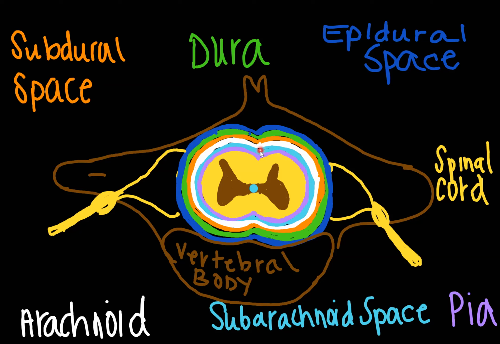Just in between the arachnoid mater and the spinal cord, we have this other layer indicated here in purple, and this purple layer is the pia mater, which sits directly on top of the spinal cord and protects it most directly. I just wanted to give you a better picture of these different layers of protection and spaces in more of a blown up scenario. So I just threw this together really quick to hopefully help you with that.